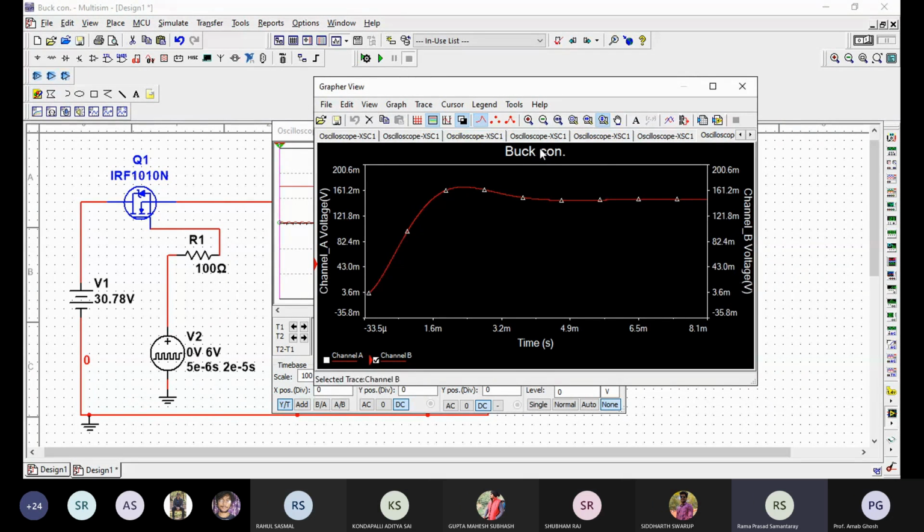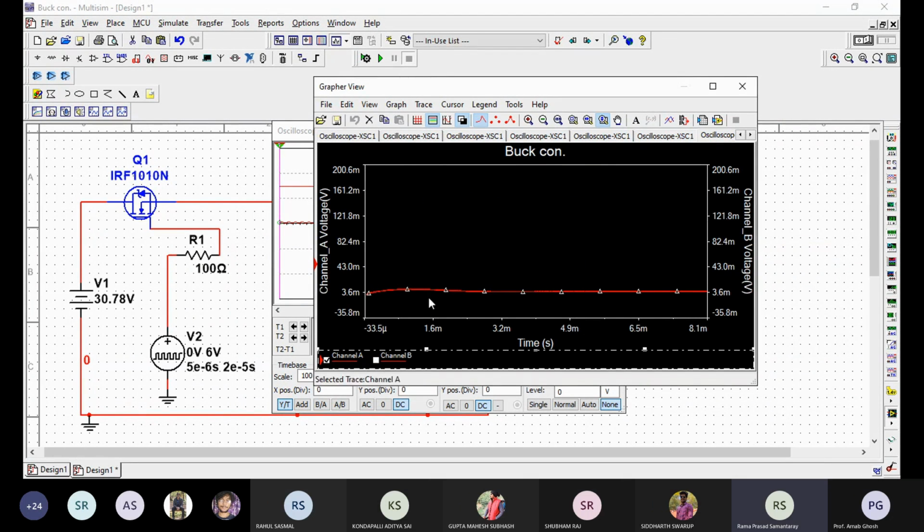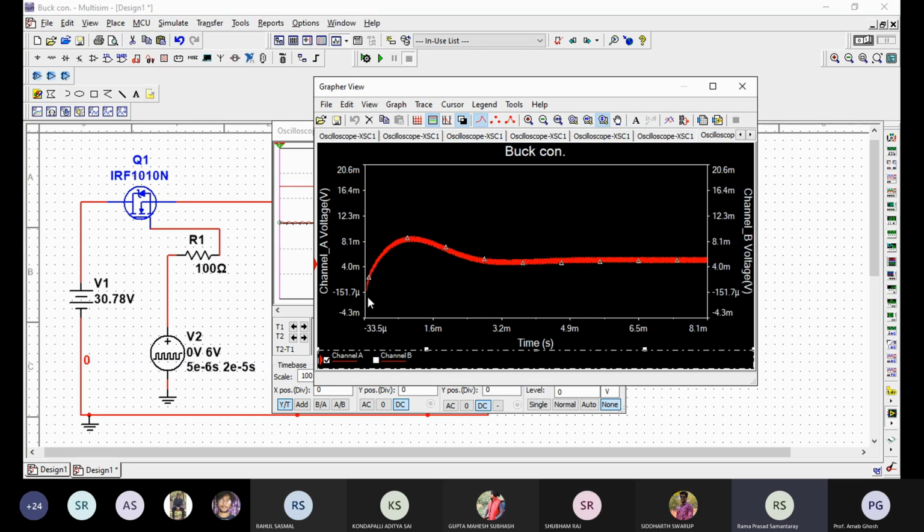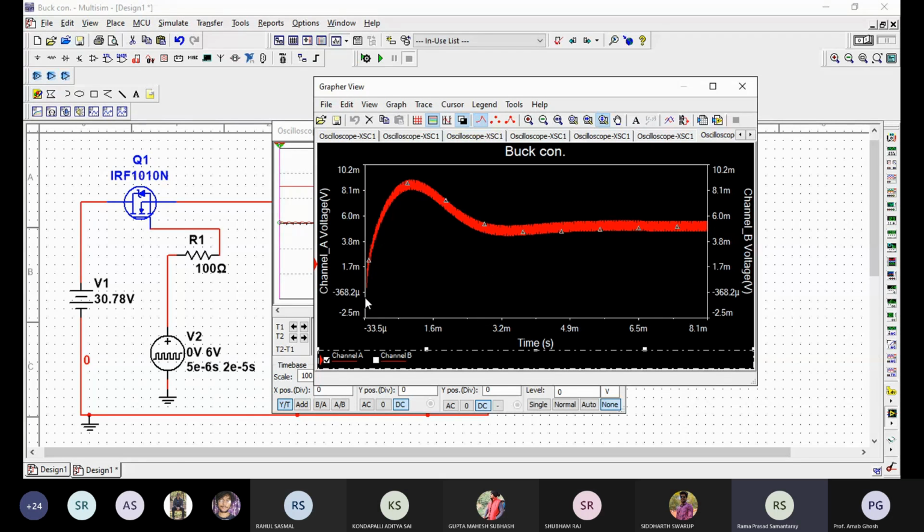Then you can take the value at any time interval from the starting time; the values are already given in the manual. Then for current, this is your current value. As the scale ratio is very small, this waveform is not visible, so we have to zoom it.